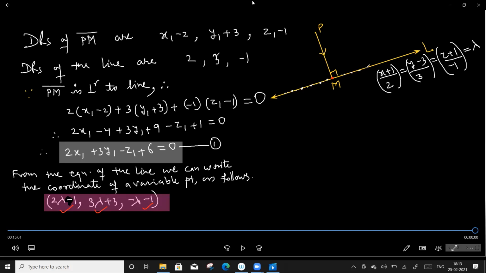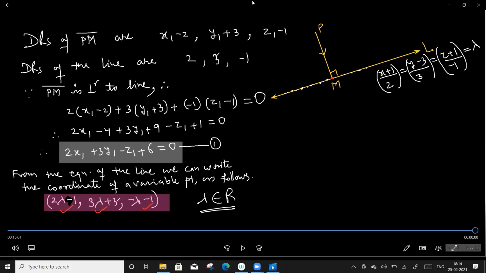The only thing is these three have lambda in them. For every real number lambda, you get one point, and that point is a point on the line.